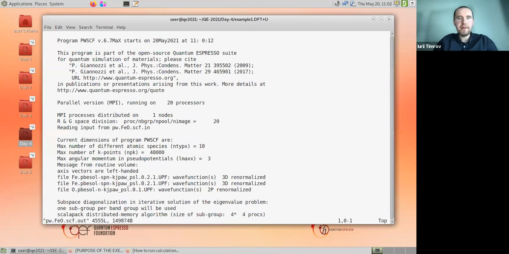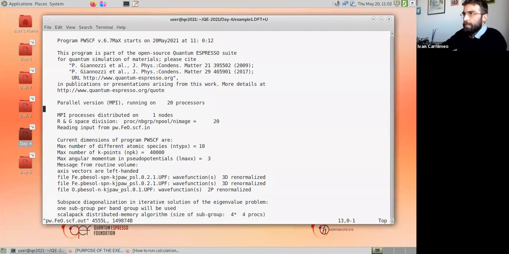Okay, you're already familiar with the output. Let me just highlight what is new in DFT plus U with respect to DFT. I just remind you that this is a DFT calculation, but we activated the DFT plus U machinery just to print some extra output, but the U correction is actually 0.